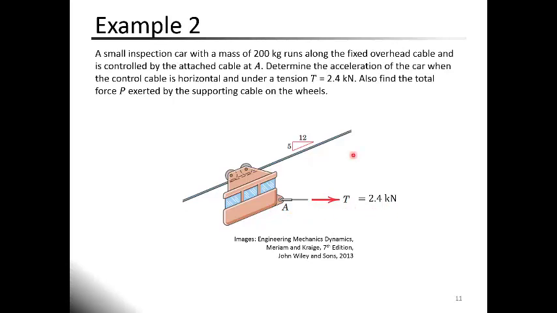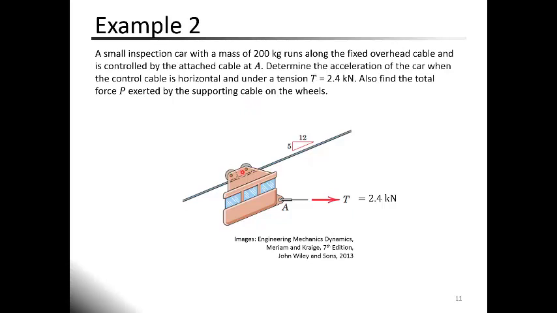where the tension in the cable is 2.4 kilonewton. So determine the acceleration of the car when the control cable is horizontal. So this control cable is horizontal, and it is under tension T of 2.4 kilonewton. So we need to find the acceleration of the car. Also find the total force P exerted by the supporting cable on the wheels.